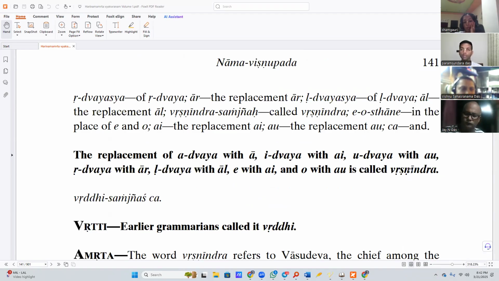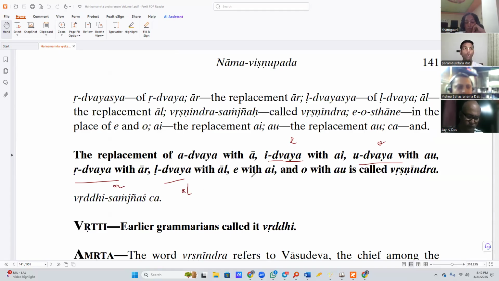In Govinda, the changes were Idvaya became A, Udvaya became O, Ridvaya became Ar, the Vamana A, and Ridvaya became Al, right? Those were the Govinda changes, and these are the Vrishnendra changes, so please do not mix them up.